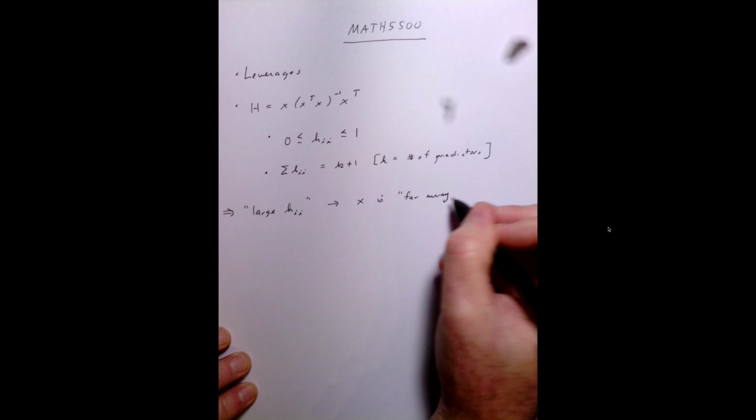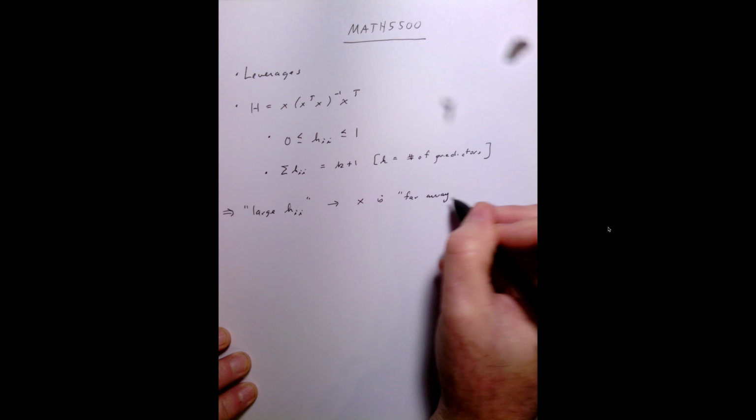So it plays an important role. Now, what's the metric? Where's the line in the sand? What's too large? Well, in practice, we say that if one of the diagonal elements is greater than or equal to the mean of the diagonal elements, mean of h, then we have a violation of a high leverage, if you will.